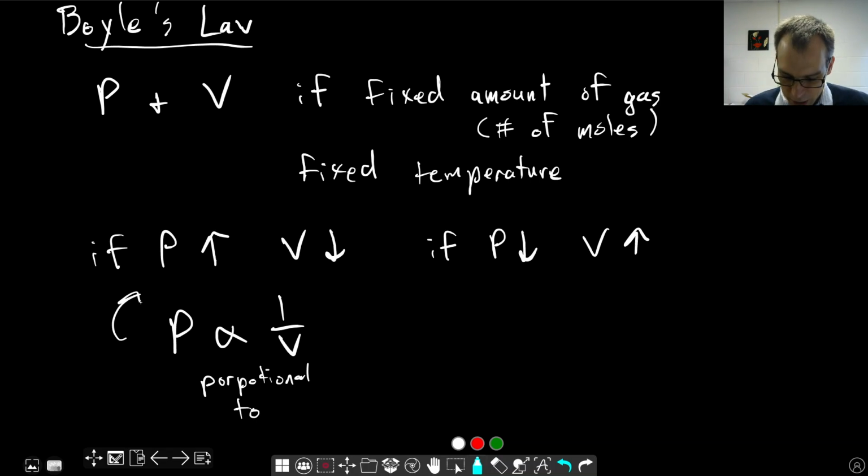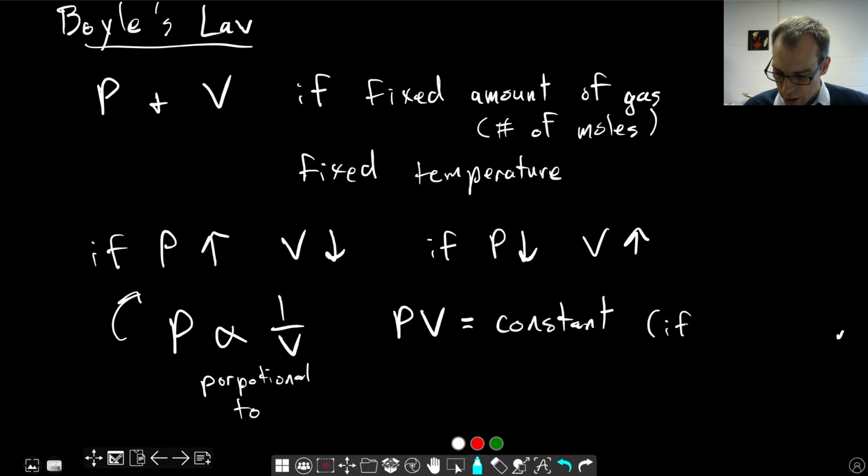These are inversely related. Another way of writing this is that if we take P times V, that'll be equal to some constant, provided that our number of moles and our temperature are fixed. All right, so that's specifically Boyle's law.